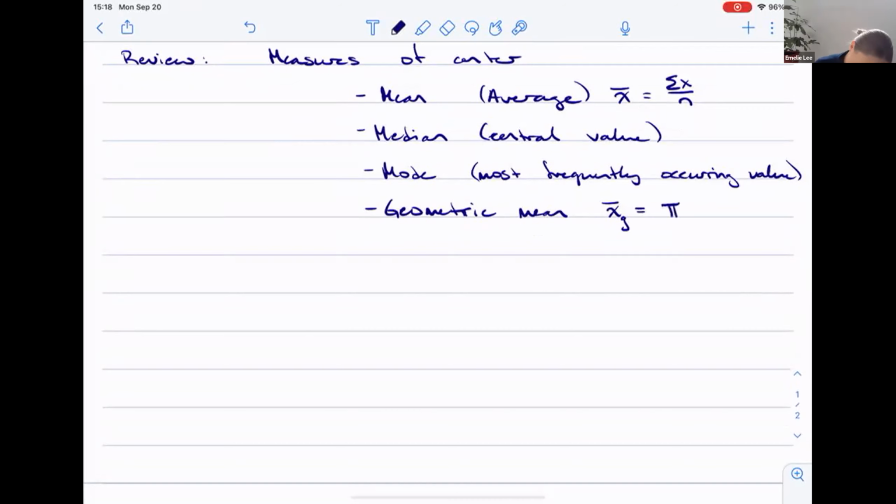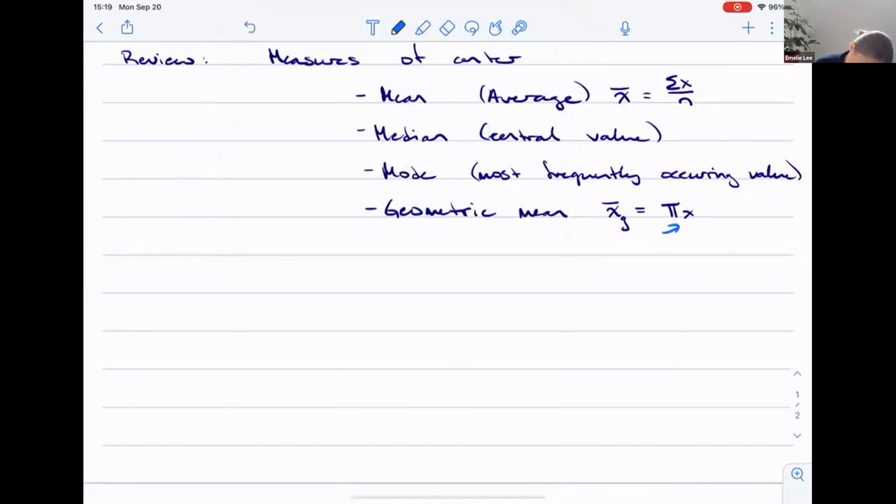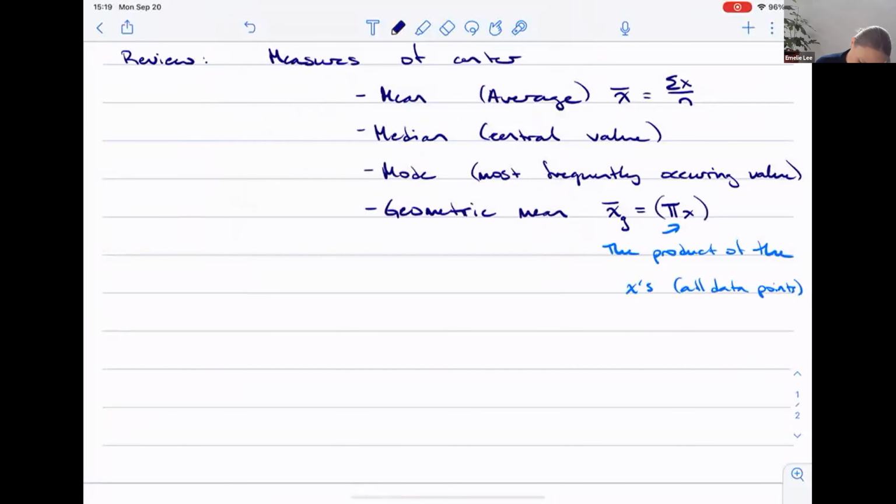Well, I'm just going to do it. The product of the x's, all data points. And then to the power of 1 over n, right, where n is the number of data points, which is the nth root.